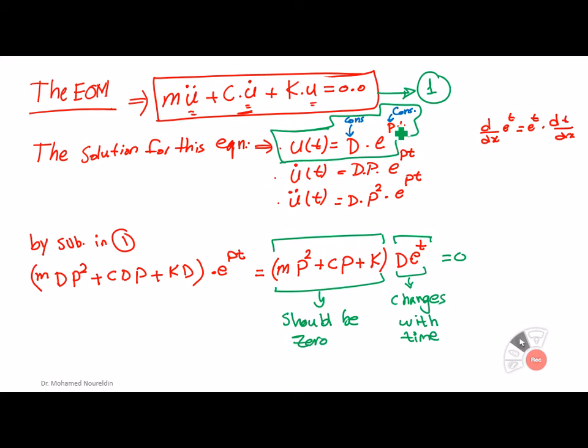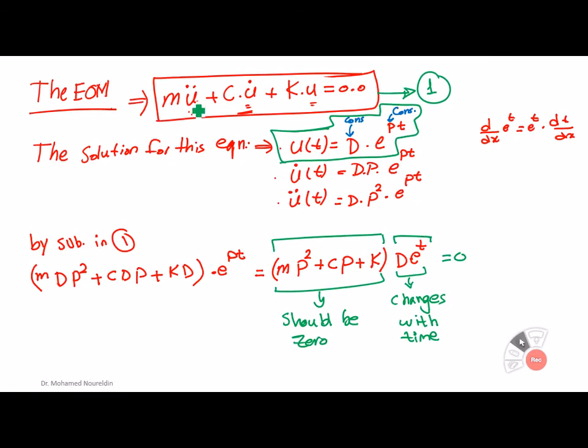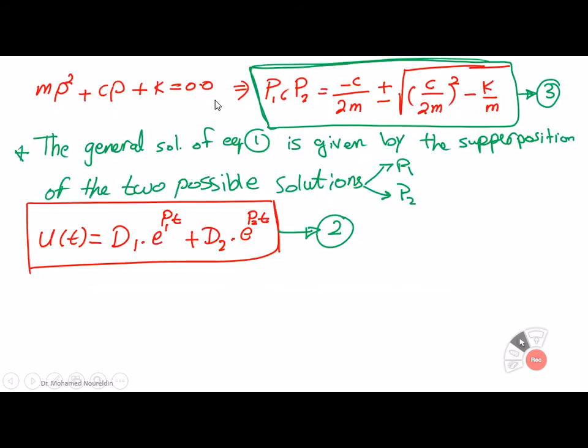So p is p1, then we have d1 e to the p1 t, and another solution which is d2 e to the p2 t. So the general solution of this equation is given by the superposition of the two possible solutions, p1 and p2, which we are going to obtain from equation 3.